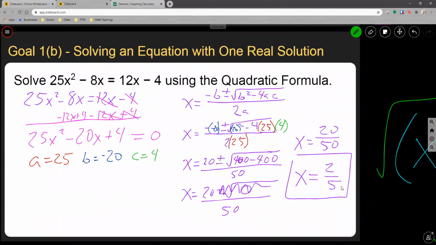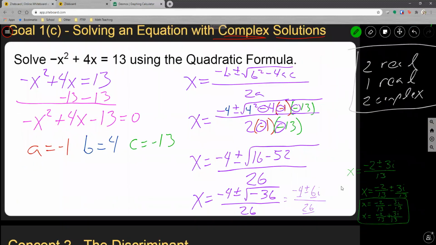On the second equation, we had 400 minus 400, which gave me the square root of 0, which we threw out, which resulted in us getting only 1 real solution. And then finally, on the third one, we had 16 minus 52, which gave me negative 36, which gave me 6i when we took the square root, which is an imaginary value, which gave us 2 complex solutions over here on the right.